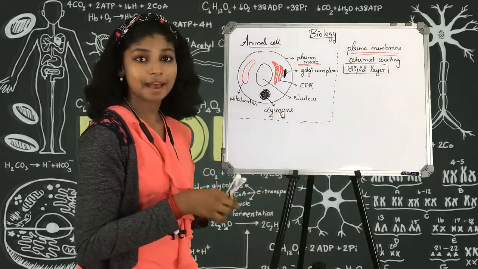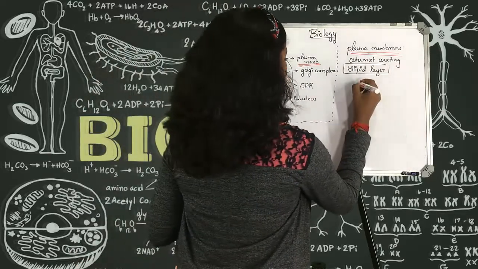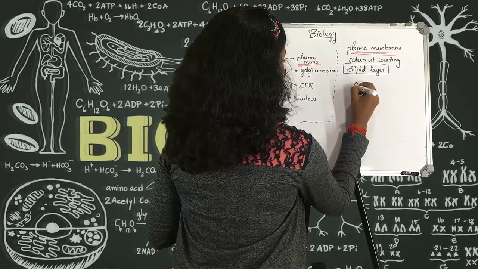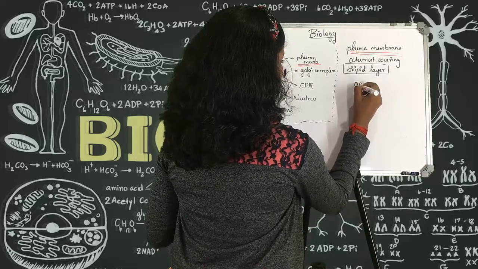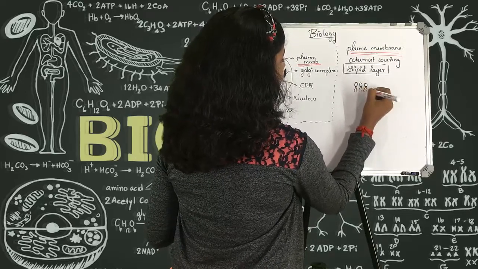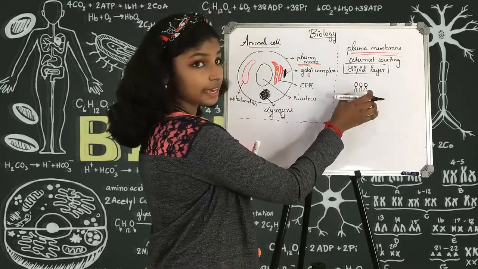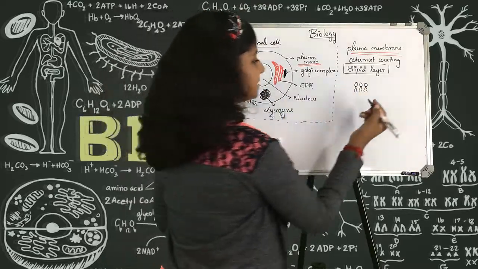Now, this bilipid layer is like this. There are two layers of lipid. This is the lipid, also known as the fatty acids.